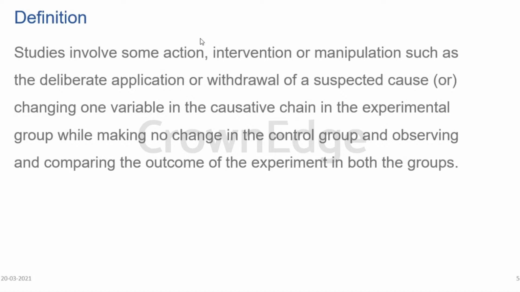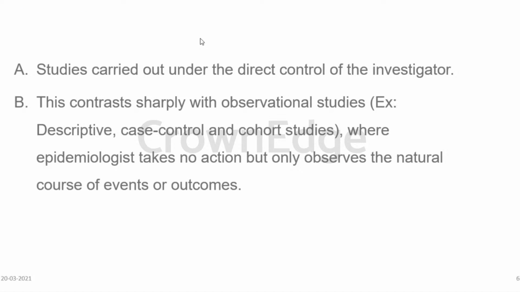That is manipulation. So these studies are under the direct control of the investigator or researcher, which is in stark contrast to observational studies, wherein the researcher has no active role to play. He is only there to observe what the conditions are and what is happening.